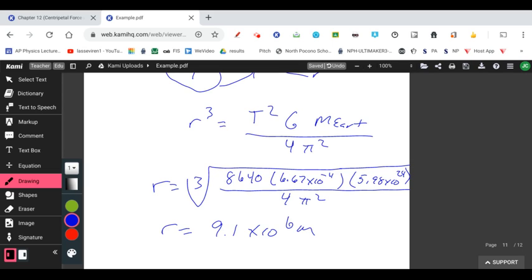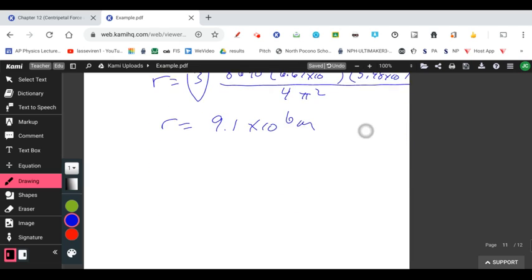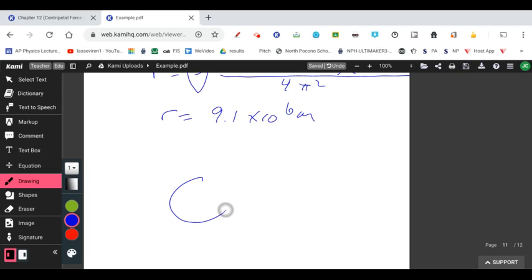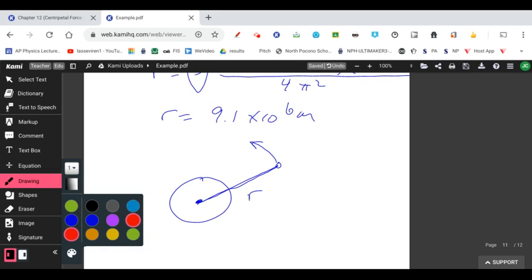This is the radius. So looking at a picture of this, this is the Earth. This is the satellite traveling around the Earth. The whole line from here all the way up, that's R. It's asking for the altitude. The altitude is going to be the distance that is in red here.